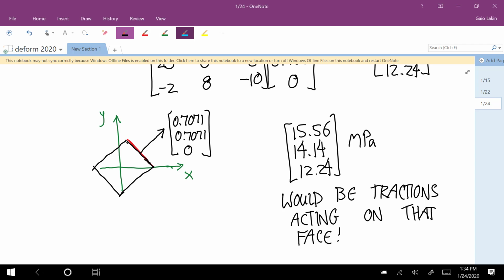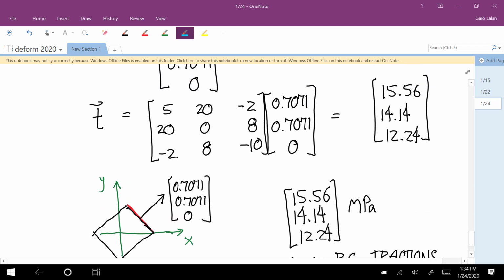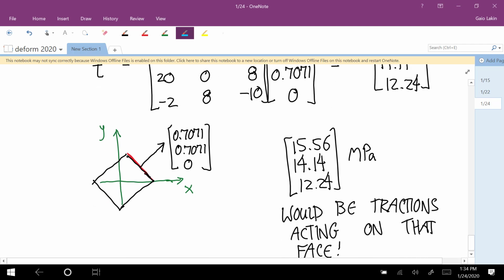Then the material that has this stress tensor the way we do define it would have this traction acting on that inclined surface. Okay. So it's not super clear what the use of that is, but it's kind of amazing that the stress tensor does that. You can see how that might be related in some way to representing a stress in a different coordinate system, right?